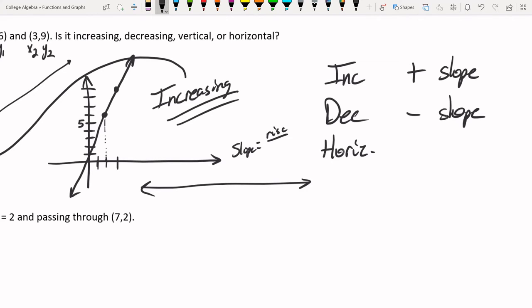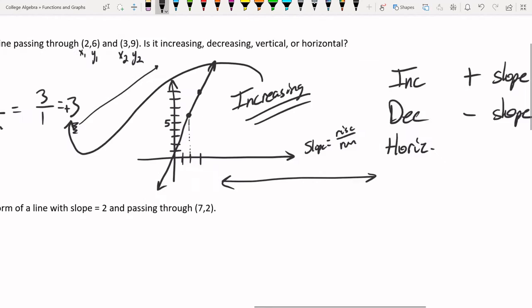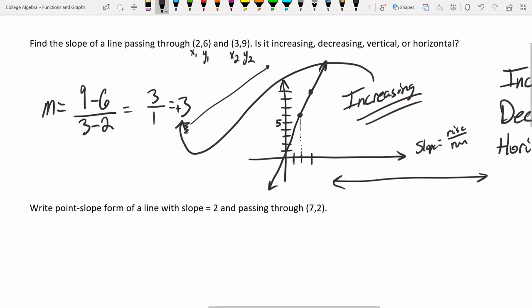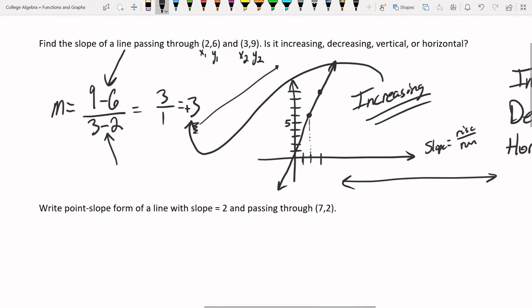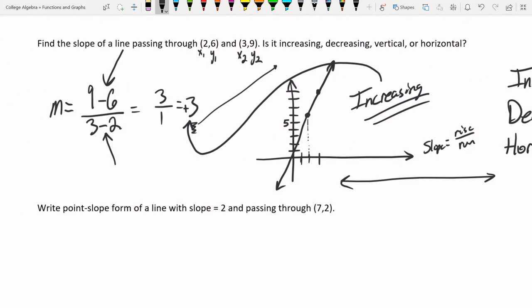On the top here is y2 minus y1, the rise, and x2 minus x1 is the run. So I can show you that here real quick. The rise is going to be up 3 units over 1 unit. That's because we have a slope of 3 over 1, a rise of 3, a run of 1.